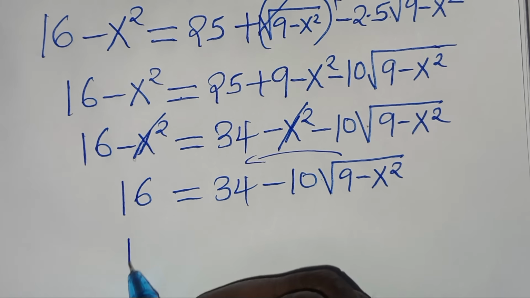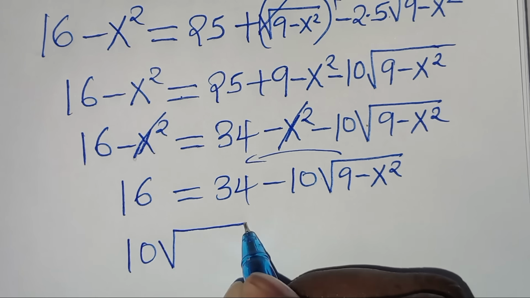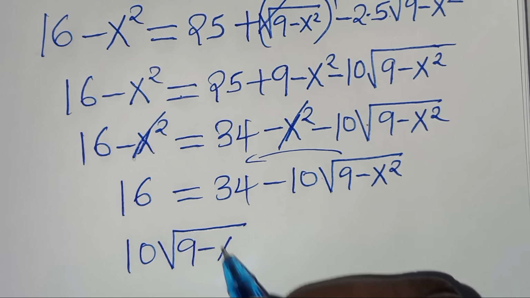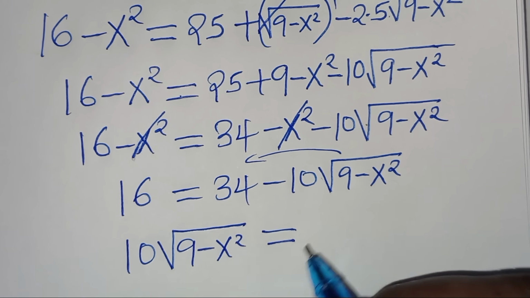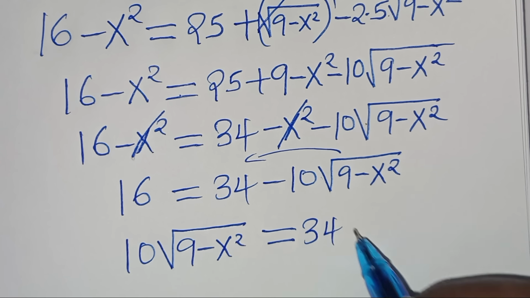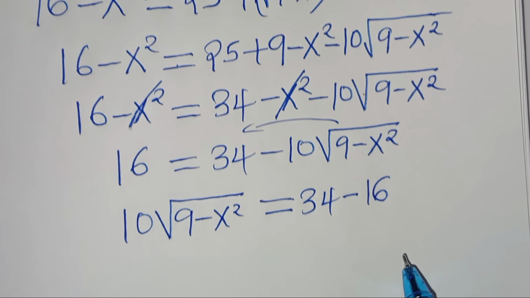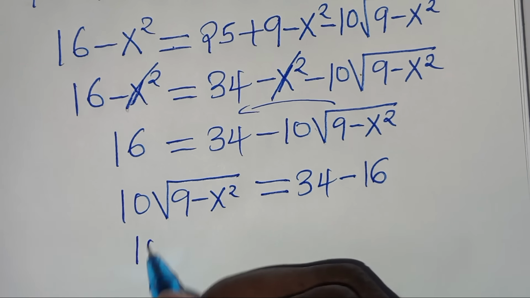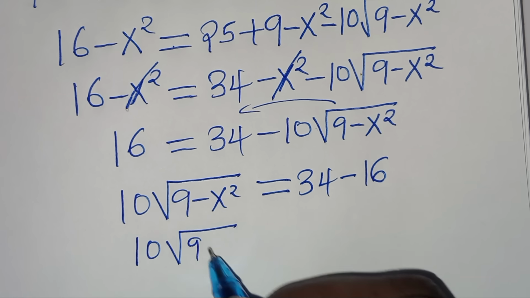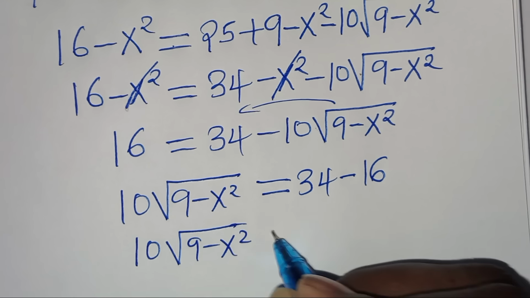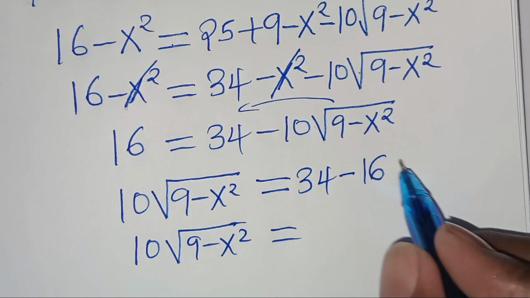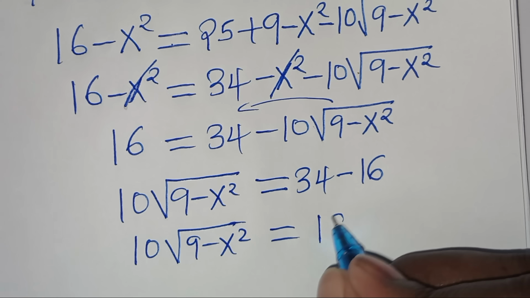So this becomes 10 square root of 9 minus x to the power of 2. This is equal to 34 subtract 16. So that now this is 10 square root of 9 minus x to the power of 2. This is equal to 34 minus 16, and this is equal to 18.